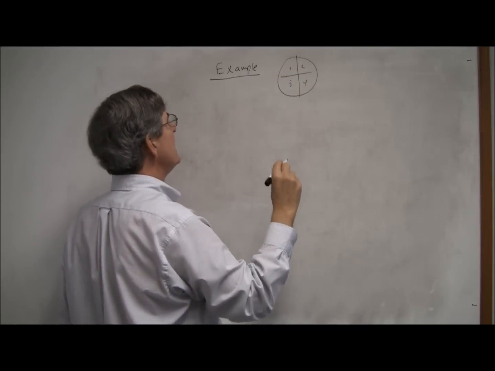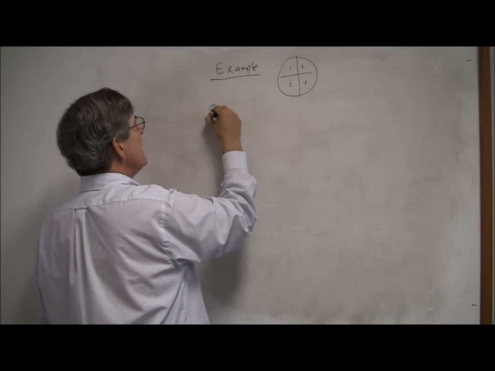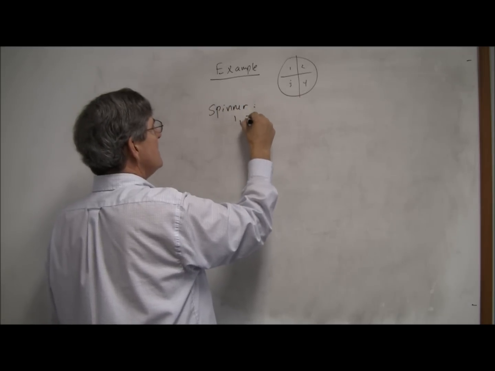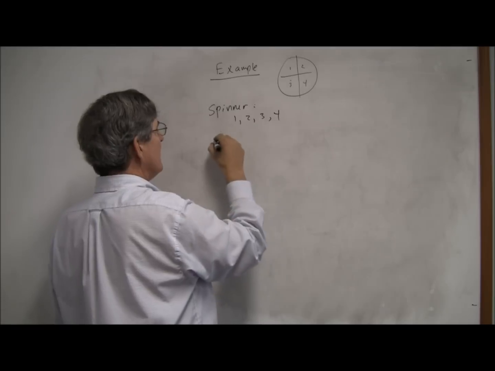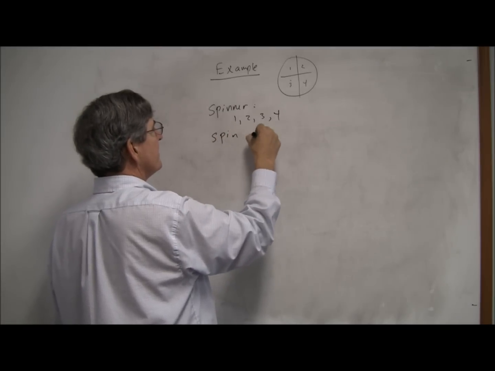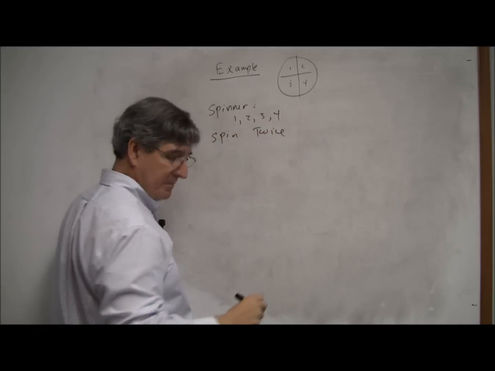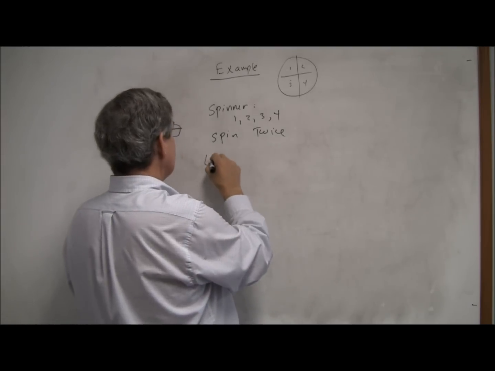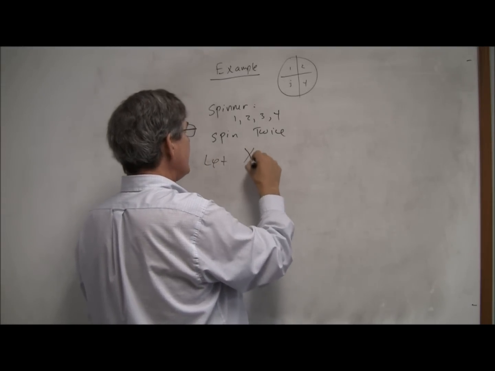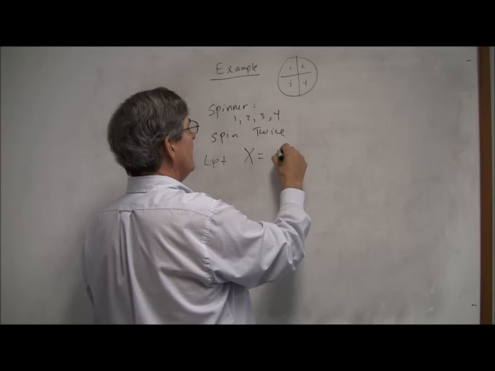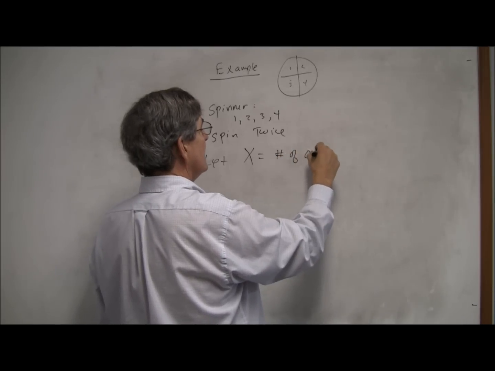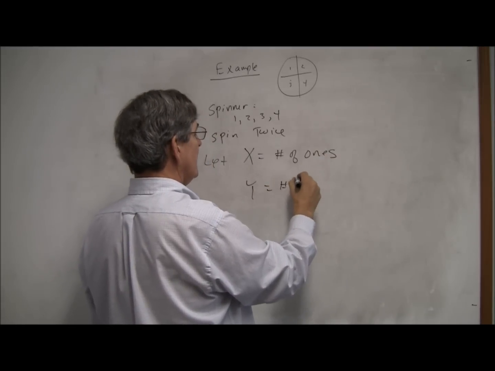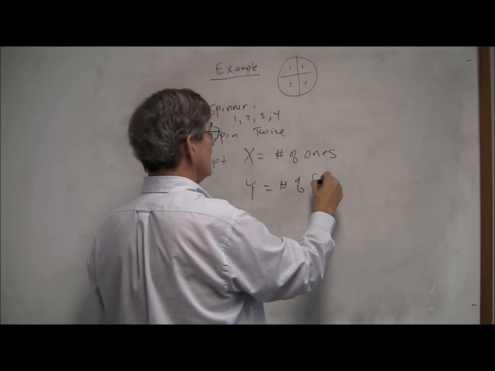So we're going to spin twice, with a spinner that can be 1, 2, 3, or 4. Let the random variable x be the number of ones, and let y be the number of 4s.